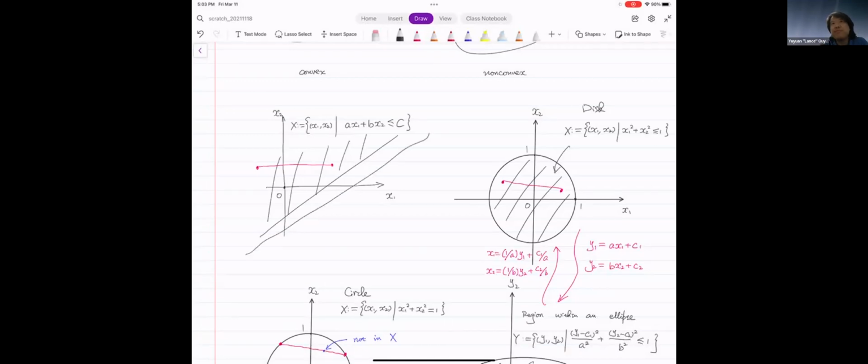You draw a line, and whatever is above the line or whatever is below the line is a half plane in this case. And in higher dimensions, it's a half space. Now, draw any 2 points. The line segment is going to stay above or below the line. So this half space or half plane is obviously a convex set.